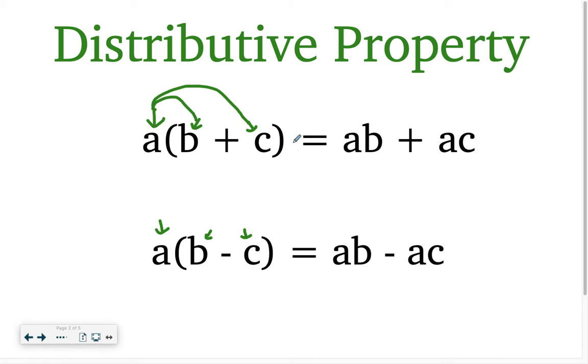So A times B, and then you have A times C, and you're going to add them together. Same thing over here, except you'll have A times B minus A times C.